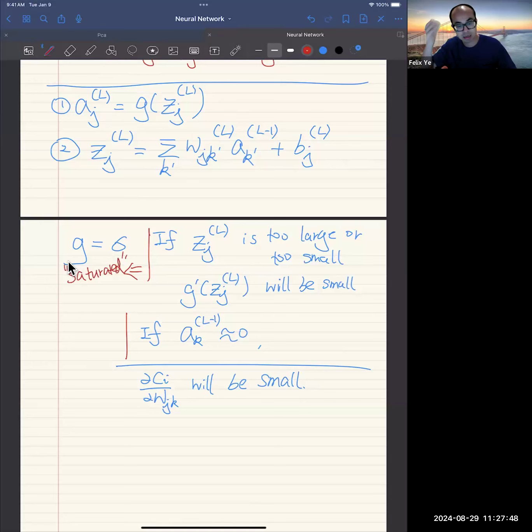So that means, in both cases, this pre-activation value is either too low or too high. As a result, the derivative is very close to 0, and you might learn very slowly.